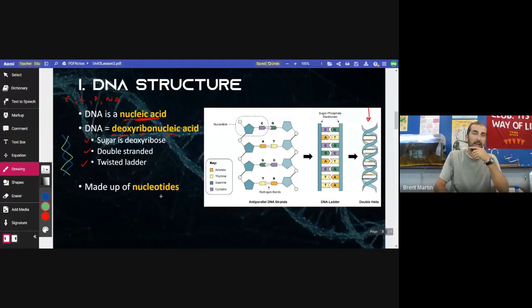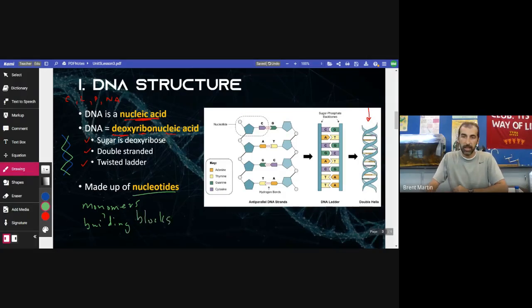Now, at the end of the day, this molecule is made up of a series of nucleotides. These nucleotides are the monomers, or the building blocks of all DNA molecules. This right here would be a nucleotide, and a nucleotide has 3 parts.